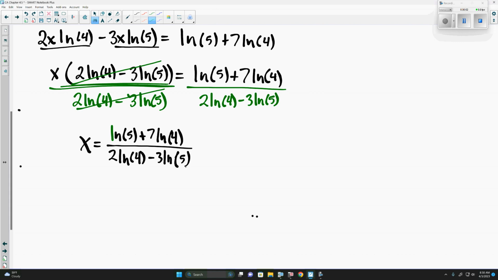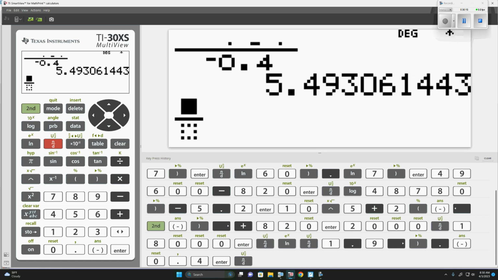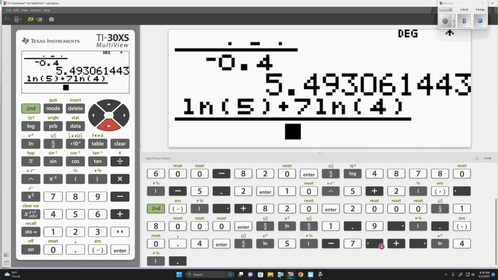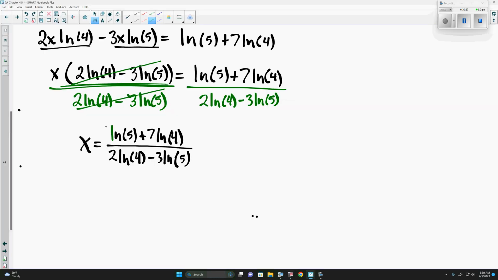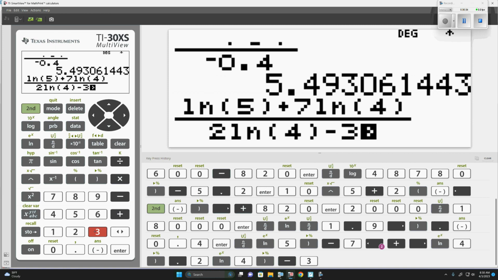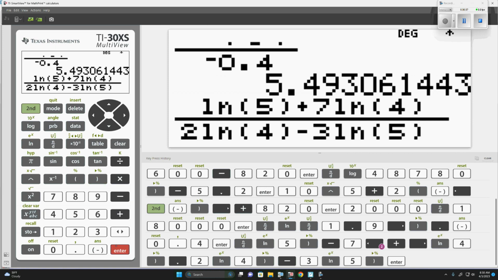And that's our answer. Now that we have x completely by itself, we can approximate. So we have the fraction ln of 5 minus 7 ln of 4, all over 2 ln of 4 minus 3 ln of 5.